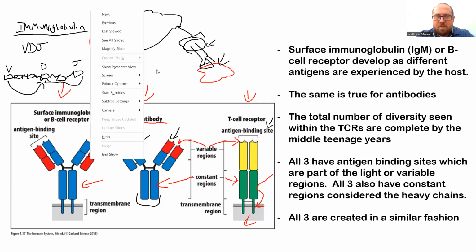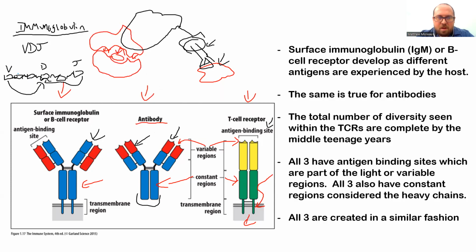And then in a different type of recombination, you take another component of V, combine it to another component of D, which combines it to another component of J. And so these different regions use their areas of homology to undergo recombination events and then merge a brand new locus or brand new gene product that creates the variability within these molecules.